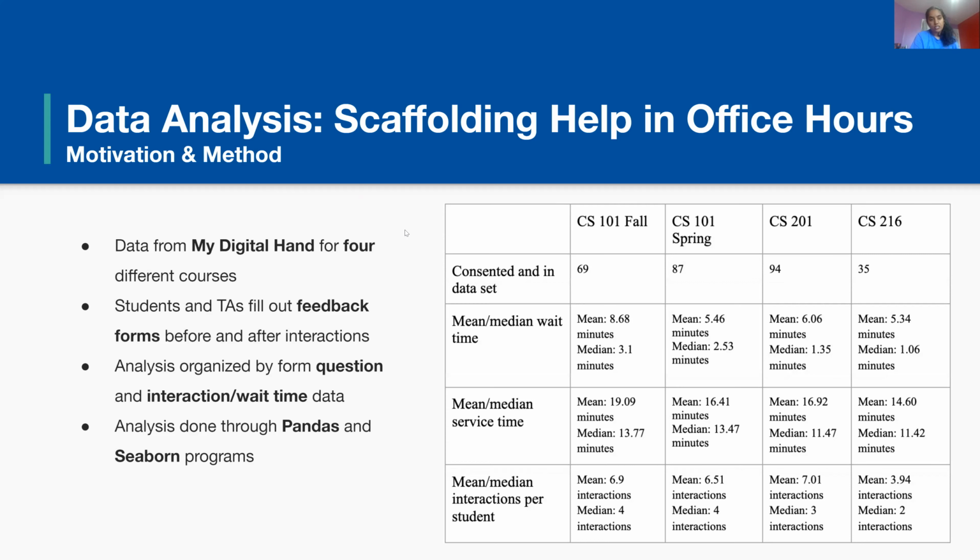While the teachers and students have interactions on My Digital Hand, they both fill out feedback forms before and after their interactions, based on different questions that the professors decide to ask them. This analysis was organized by form question and interaction and wait time data, and it was done through Python, Pandas, and Seaborn programs.